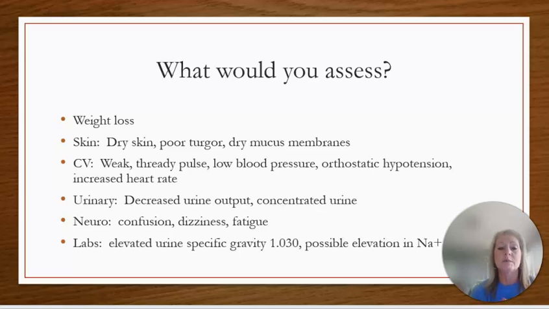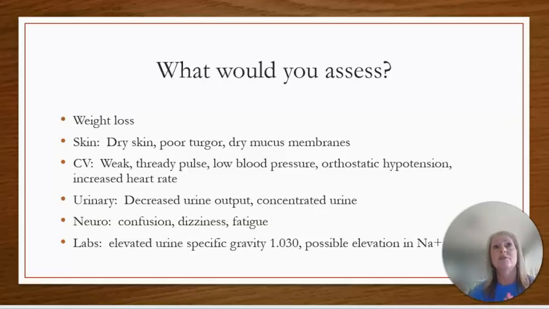You probably haven't learned this yet, but with a dip, you dip it into the urine and you read it on a stick, and it's going to tell you what their specific gravity is. Normal specific gravity is 1.005 to 1.030. So the higher that number is, the more dehydrated they are, the more concentrated that urine is.